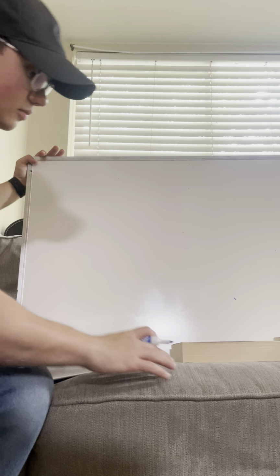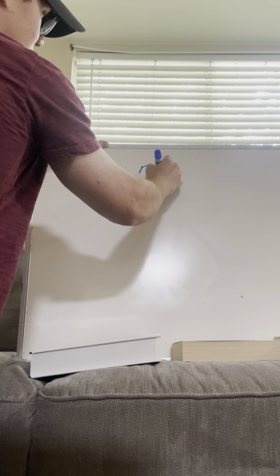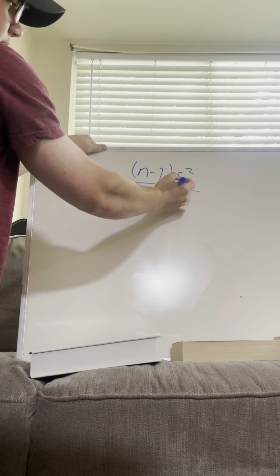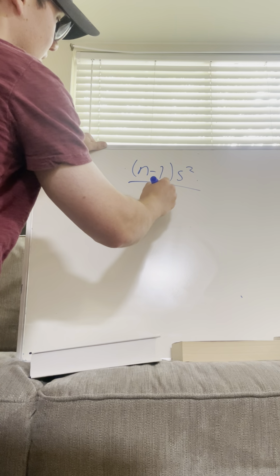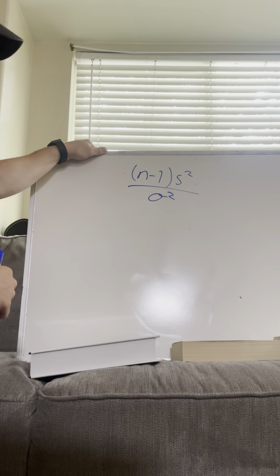Now, I'm going to take a bit of a knee here. The formula that we use is n-1 times s squared, with s squared being our sample variance, over sigma squared, which is the true variance of the population.